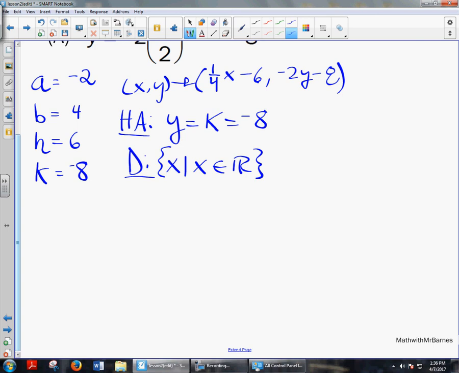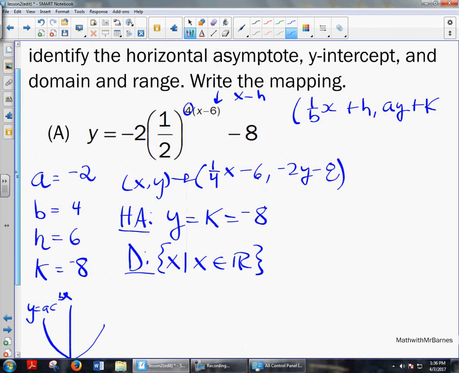If you remember before, whenever we have just a basic y = a c^(bx), we have decay or growth, and we have an asymptote, so everything's above that asymptote. We said it was greater than 0. The thing is, we have to watch out for reflections.